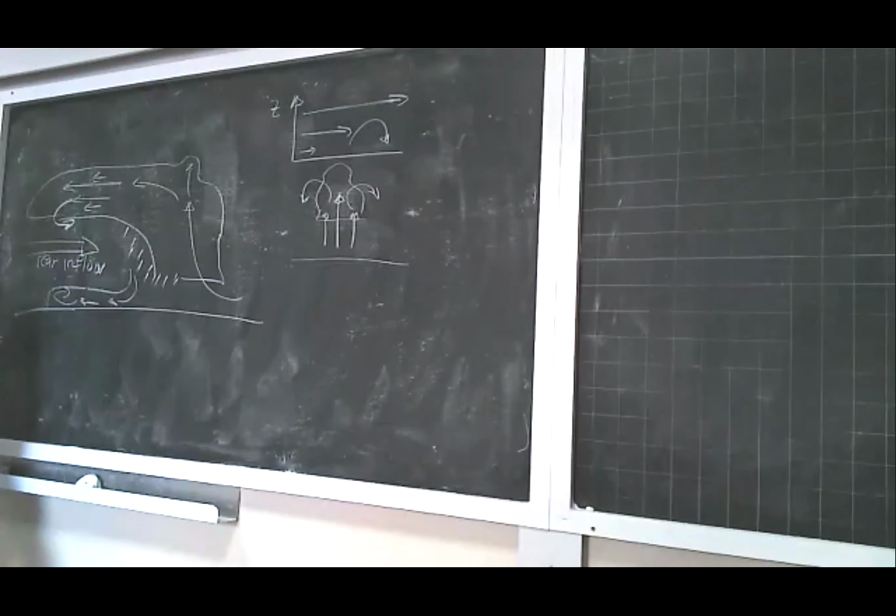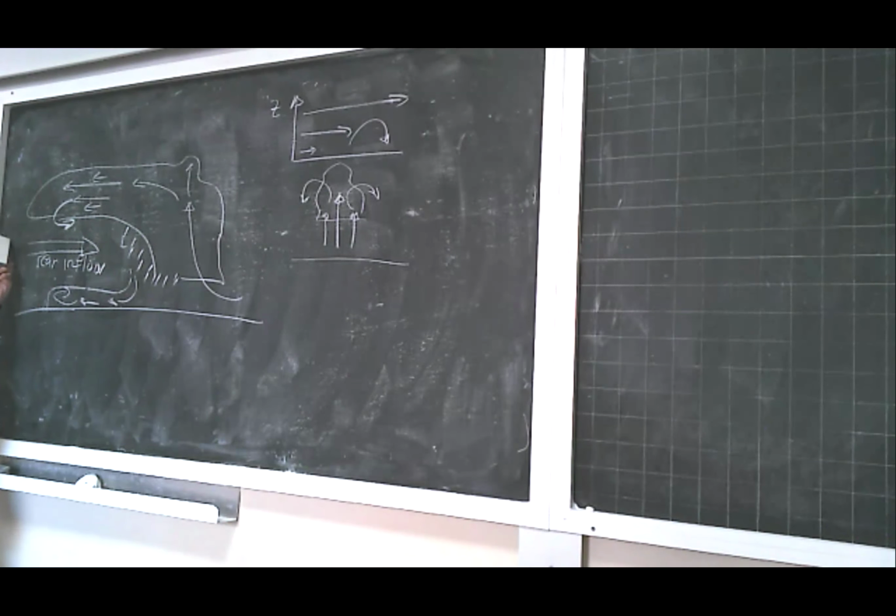Because it turns out, you see, above this downdraft is the region of low pressure. And because this is low pressure compared to somewhere here, you get inflow. Let me first say this. If you trust me that here is low pressure, do you see how this comes?